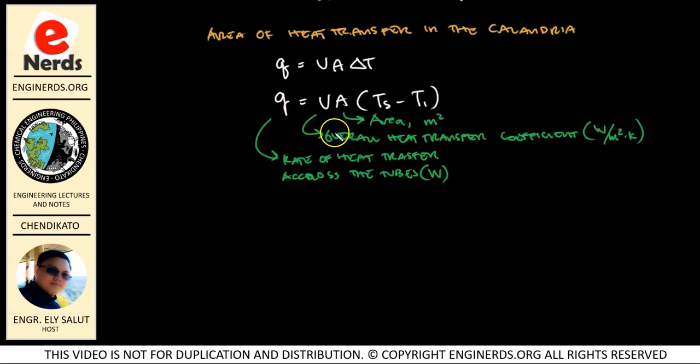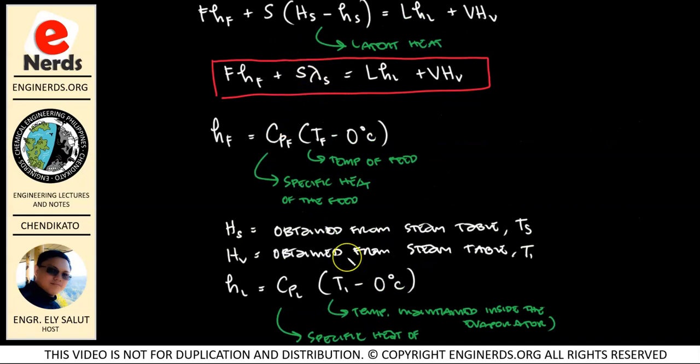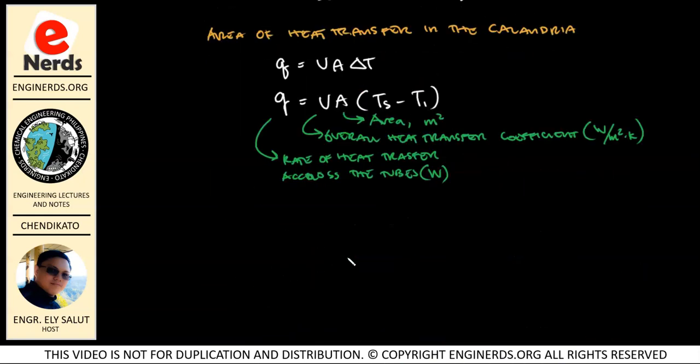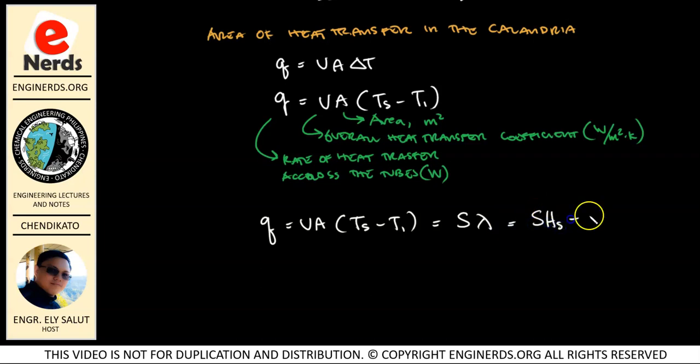Well, this heat is also equal to our heat mentioned right here, no? So, this is actually equal to our Q, which is equal to UA times TS minus T1. This is also actually equal to S times our latent heat. Okay, so this means that this is equal to S times HS minus H times HS.